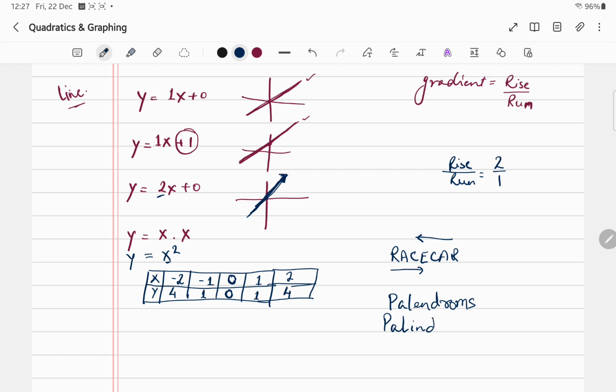I don't know the spelling. Palindromic numbers like 66, 111, 101, 1001, and similarly. When you read these numbers backwards, they are the same. You can think of those numbers; there are a lot of palindromic numbers. So this is a palindromic table, kind of.